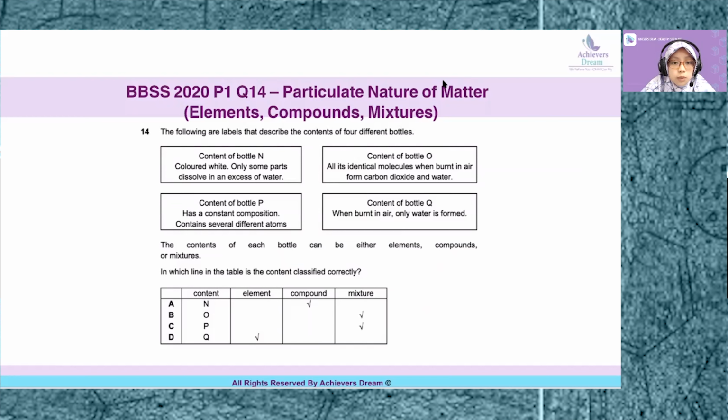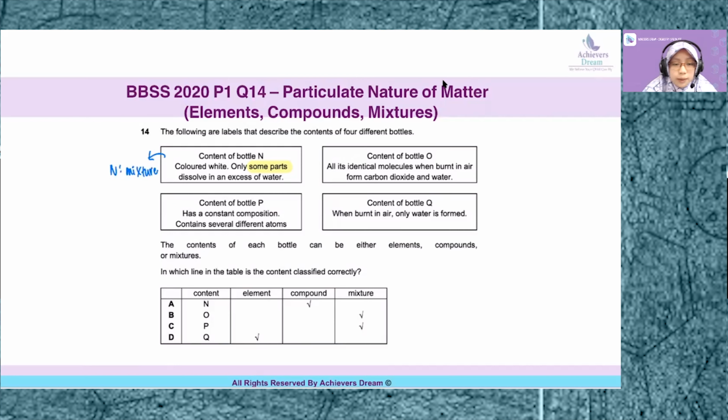The following are labels that describe the contents of 4 different bottles, N, O, P, and Q. So N, it is colored white and only some parts dissolve in an excess of water. Since not the whole content dissolved in water, this shows that N contains a mixture.